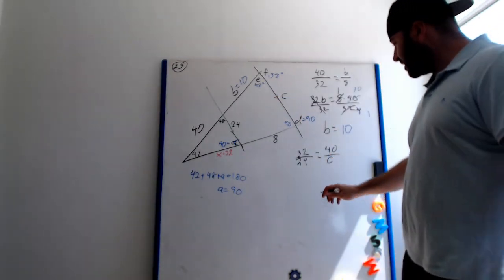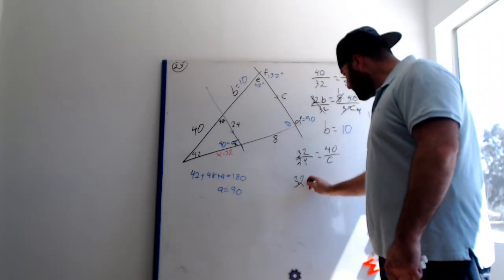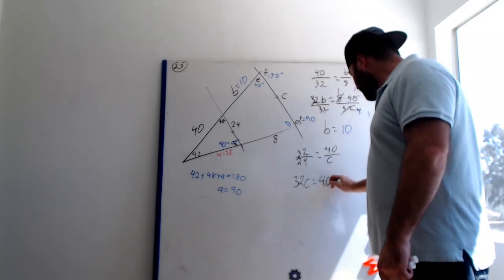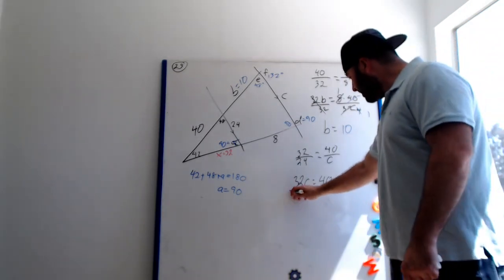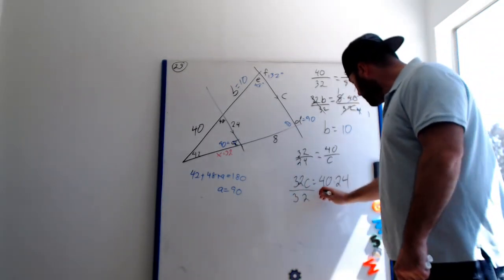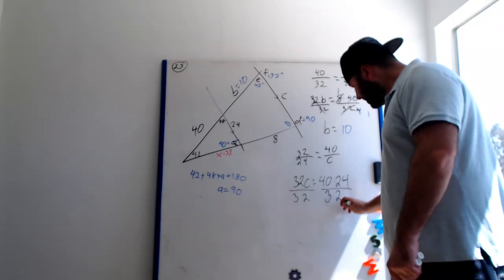And same thing. Cross multiply. Again, I don't like to multiply them out. So we're just going to divide by 32 and then reduce our values.